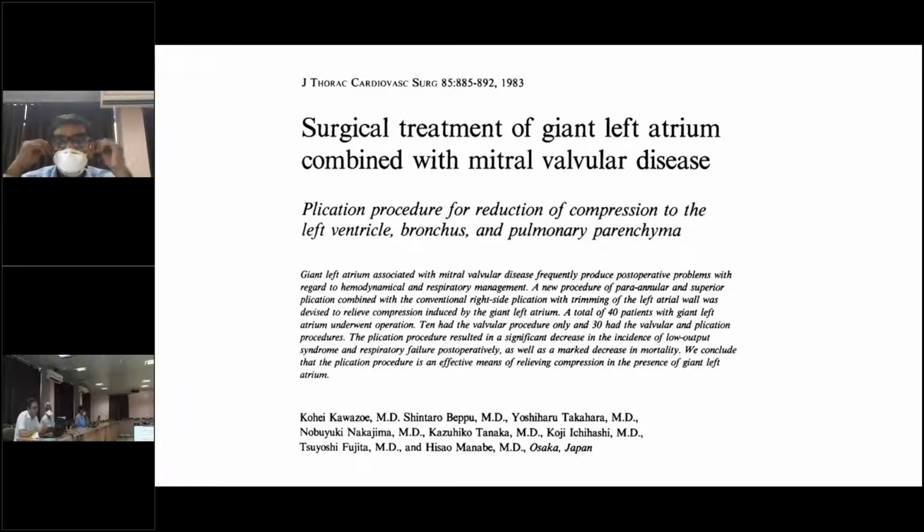The other section was offered plication of the left atrium in a particular manner, and the third section was given plication of the left atrium in two axes: one along the mitral valve, which is para-annular, and the other between the right and left pulmonary veins.